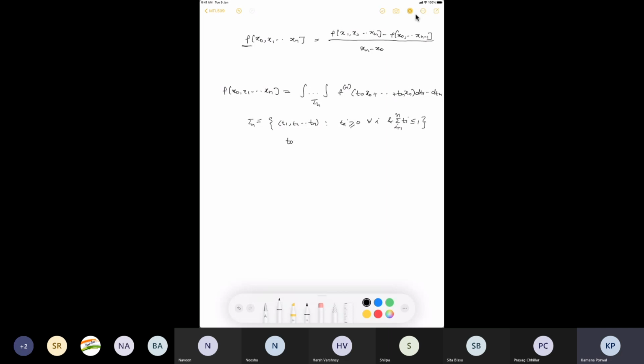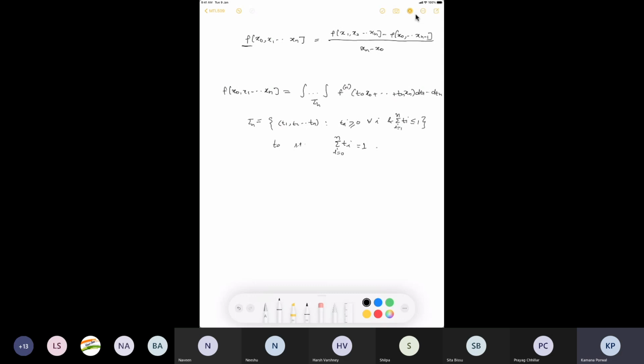And t0 is such that it is one minus the summation of ti, i equal to 1 to n. So basically we have that the summation of ti, i equal to 0 to n, is nothing but 1, right?